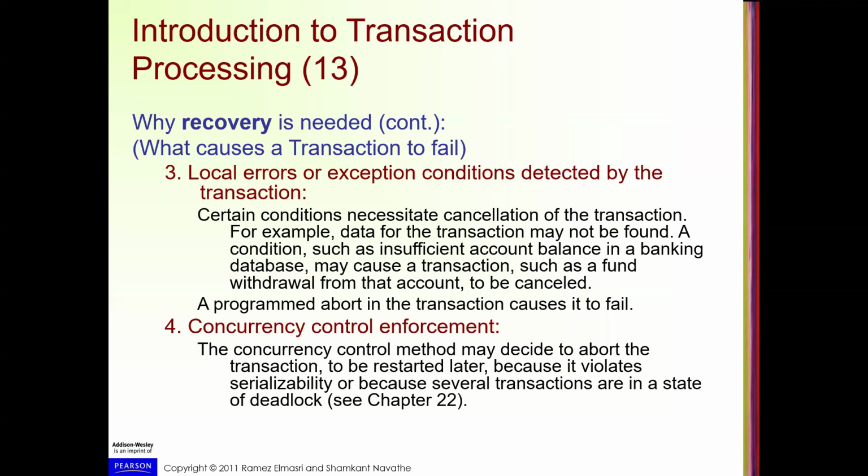The fourth condition is concurrency control enforcement. We will talk about the concurrency control method in detail in the second half of this chapter. For now, it is very important for you to understand what concurrency means.